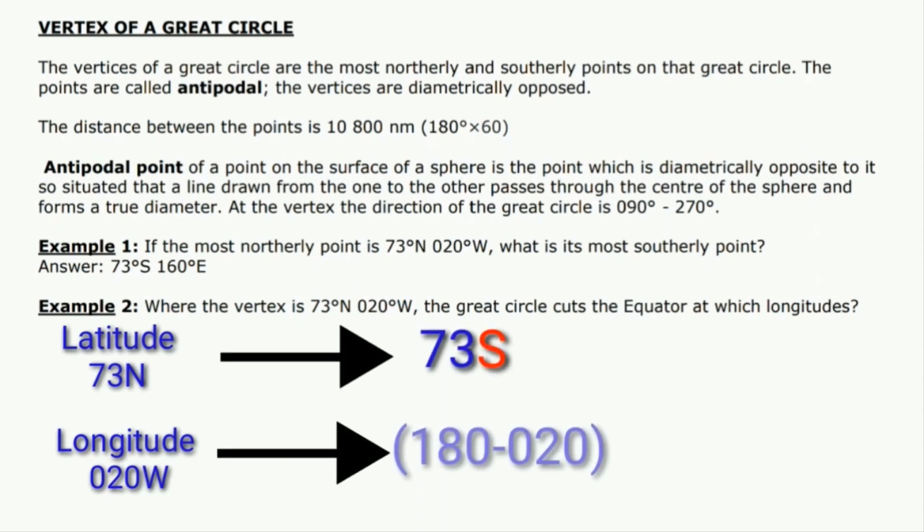And for the longitude, you have to just subtract from 180 degrees. So 180 degrees minus 20 degrees, that will be 160 degrees. And opposite sign, that is, in this question it is 20 degrees west, so the answer will be 160 degrees east. So the final answer is 73 degrees south, 160 degrees east.